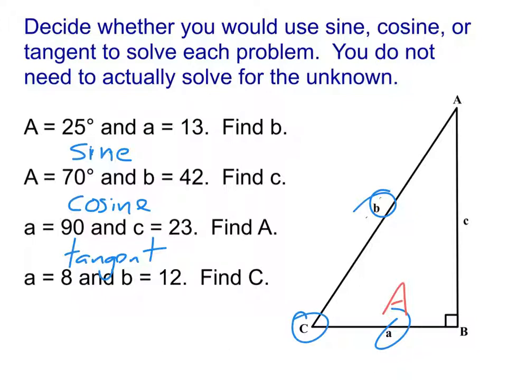B, well, it didn't change because the hypotenuse is always the hypotenuse regardless of which angle we're going from. So we got hypotenuse, we got adjacent, so that tells us that we would use which of the three trig ratios? Cosine, because cosine is adjacent over hypotenuse.